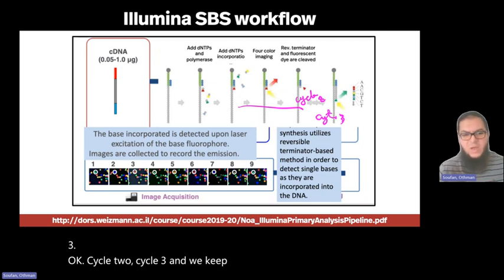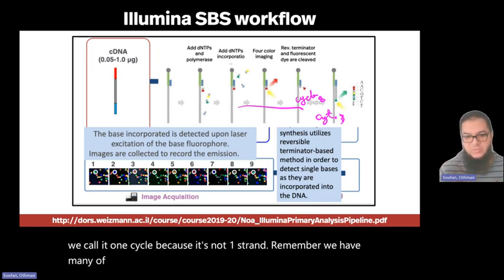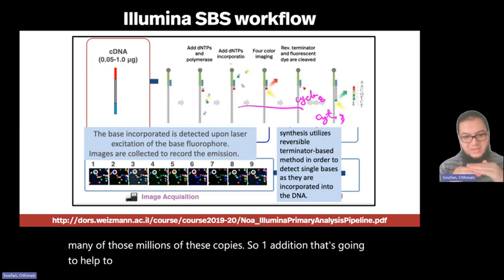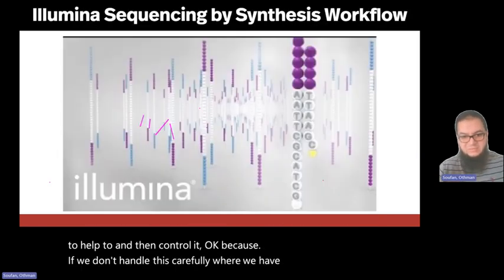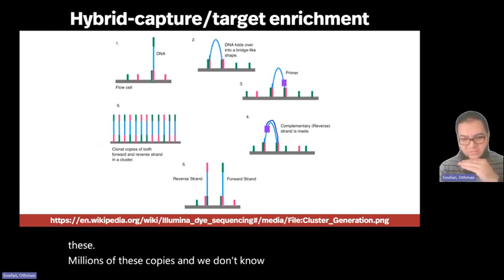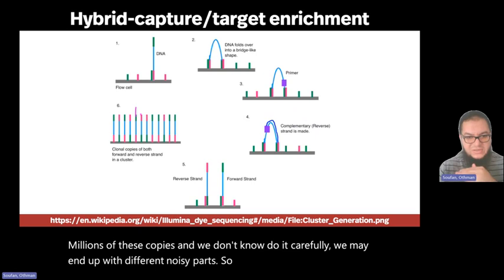Now, one may ask, why do we call it one cycle? Because it's not one strand. Remember, we have millions of these copies. So one addition helps us control it. Because if we don't handle this carefully, with millions of these copies, we may end up with noisy parts from different areas.